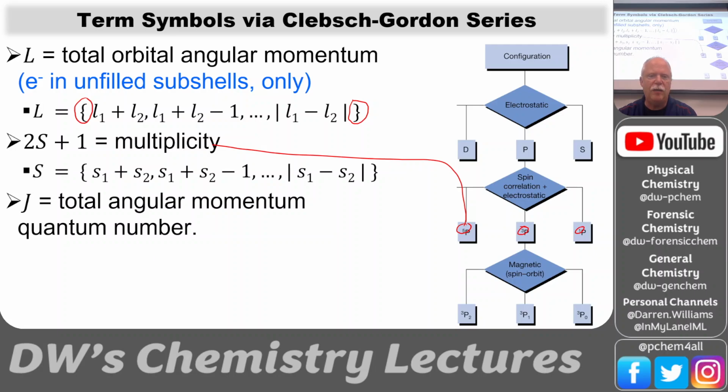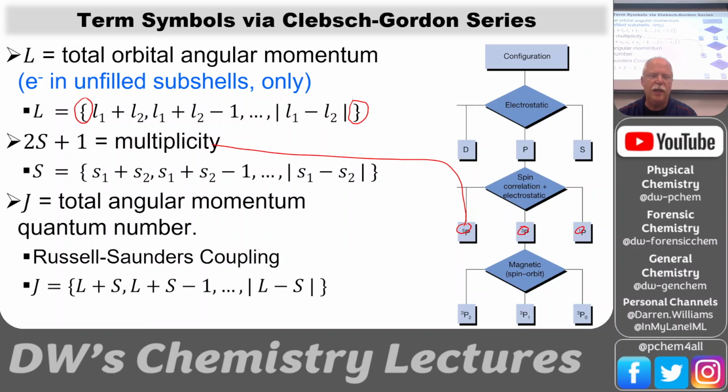And then the total angular momentum quantum number is the L plus S. So we take the multiplicity and the angular momentum quantum number, and we make a new series out of that. So those go down here, and we come up with the J values. Now this J value is the total angular momentum quantum number, not the rotational quantum number.